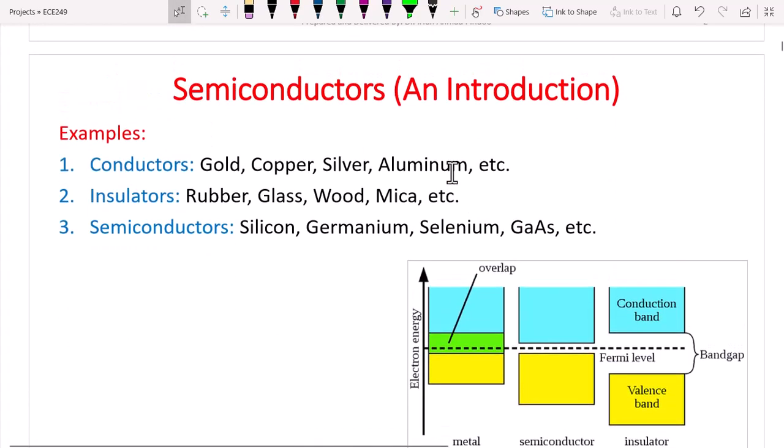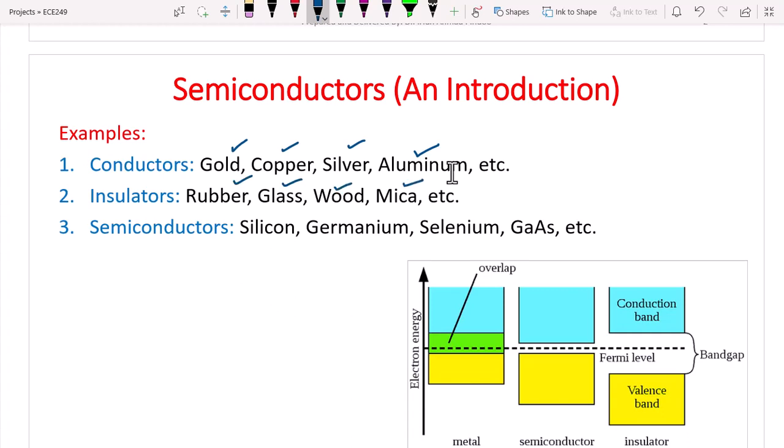Now we can discuss the different types of materials that can be given as examples of conductors, insulators or semiconductors. Regarding conductors, the examples are gold, copper, silver, aluminum. They all are good conductors of electricity. Similarly, the examples for insulators are rubber, glass, wood, mica and so on.